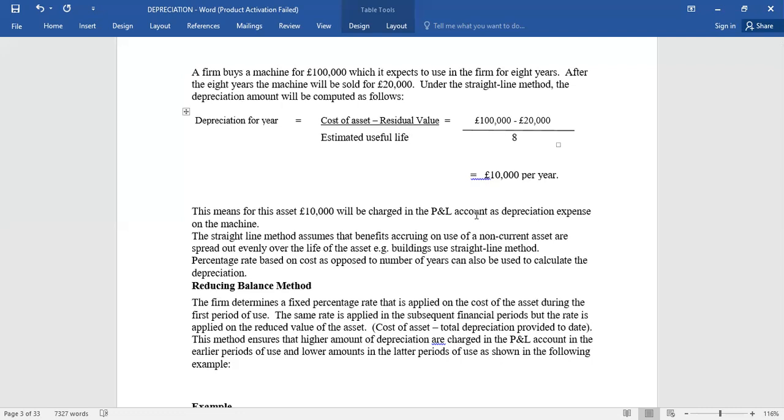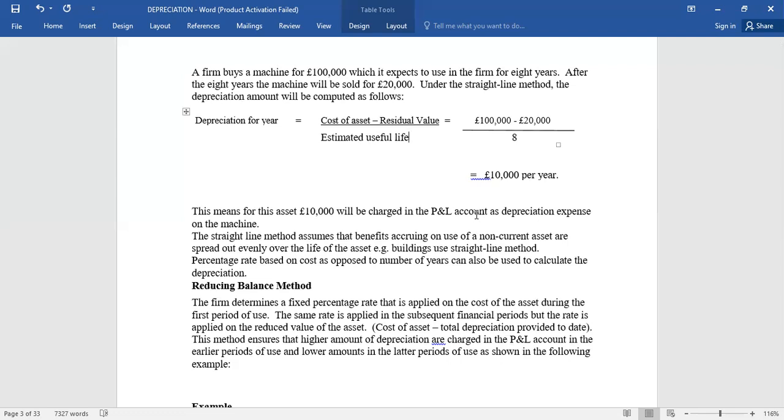So the straight line method assumes that you accrue equal benefits on the use of the asset, and then it spreads the asset over its useful life. For example, buildings.